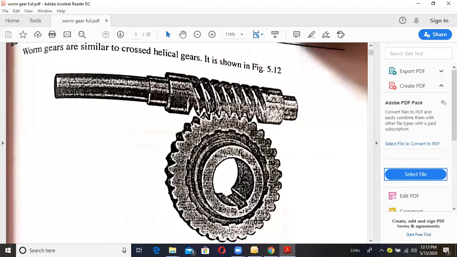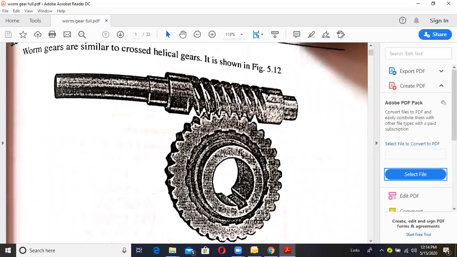The worm has a number of threads, and the worm wheel has a number of teeth.